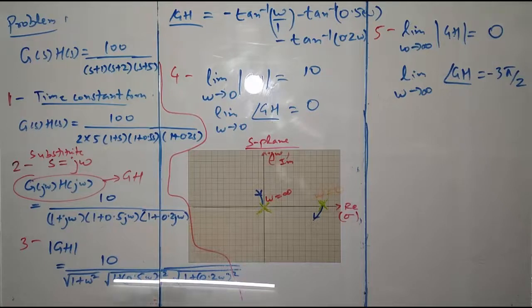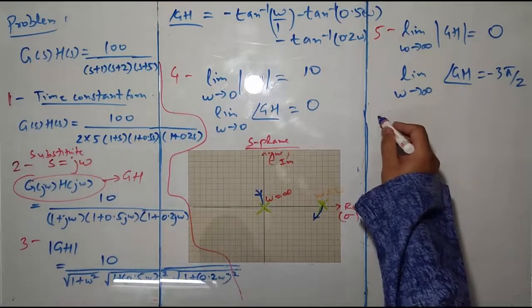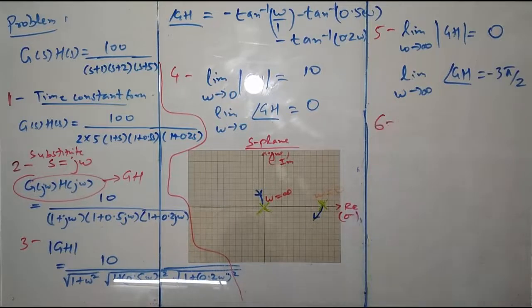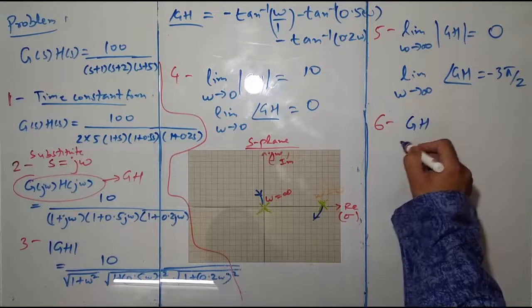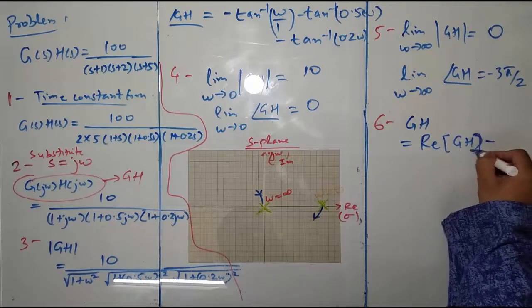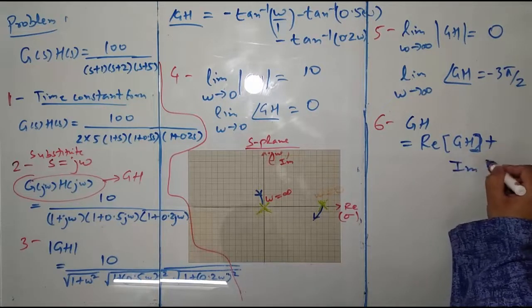So I leave this to you to find the values of omega and the intercepts on the real and imaginary axes. I simply write the broad steps used to obtain them. In order to obtain the intercepts, you first have to take out the real and imaginary parts from GH, not the magnitude. So you'll have to get this function GH broken down into the real part of GH plus the imaginary part of GH.